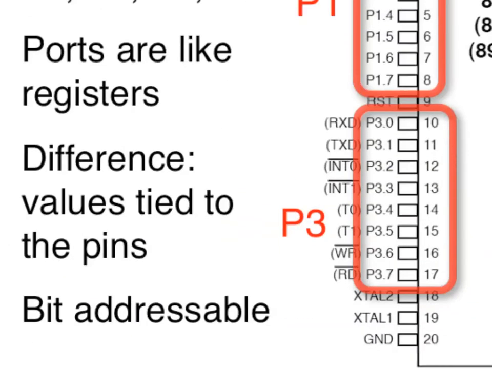And then if you look at P3, P3.0 is the primary function, and then there's RxD. P3.1 has the secondary function TXD. Those are for the serial ports. Okay, and then the INT0, INT1, the T0, T1, WR, RD.